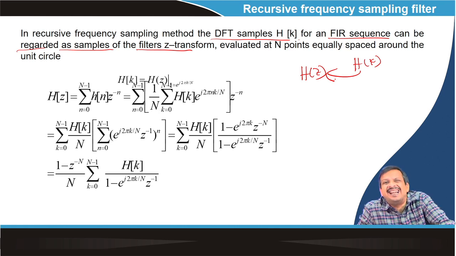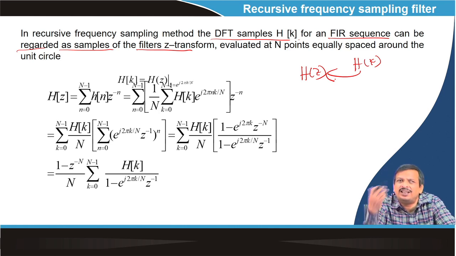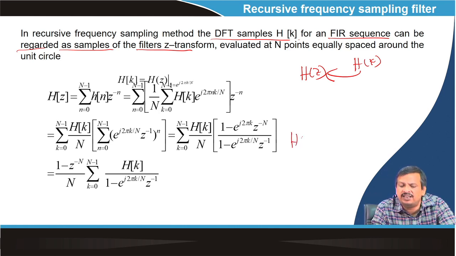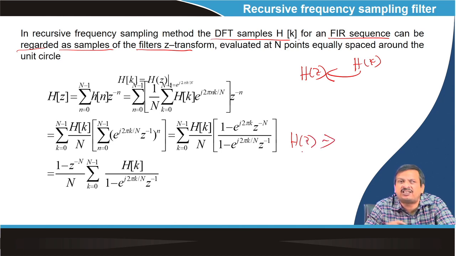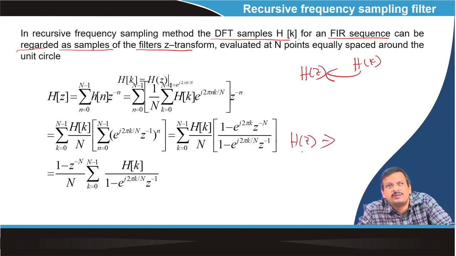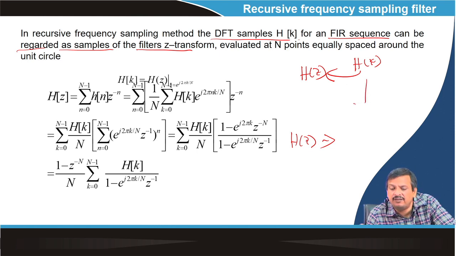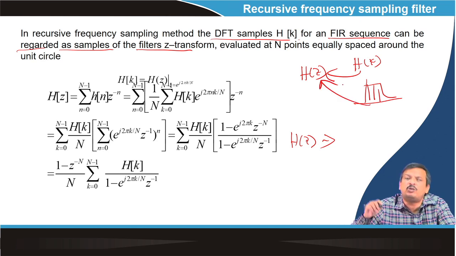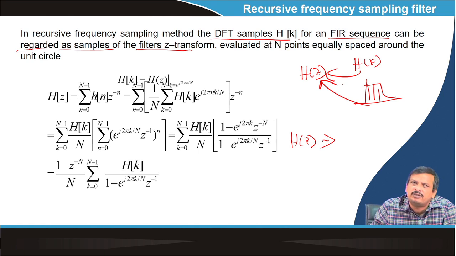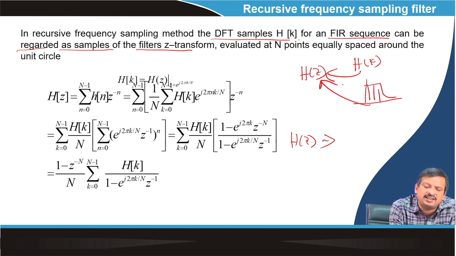Once I know H of z, I can easily implement it using direct structure 1 or 2 methods. So, for a given frequency response, I sample it, and from the sampled frequency response I try to find out H of z. That is my problem.